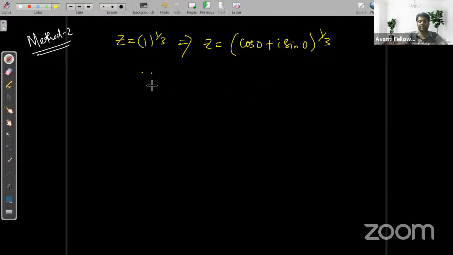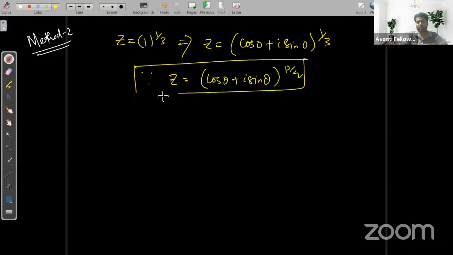And we know that since z is equal to (cos theta + i sin theta) whole to the power p by q, we know this formula. Using this, we can say z is equal to 1 can be expressed as (cos 0 + i sin 0) whole to the power 1 by 3. Now if we use the second case of de Moivre's theorem, what will we get? cos of (2k pi + 0) upon 3, that is q.